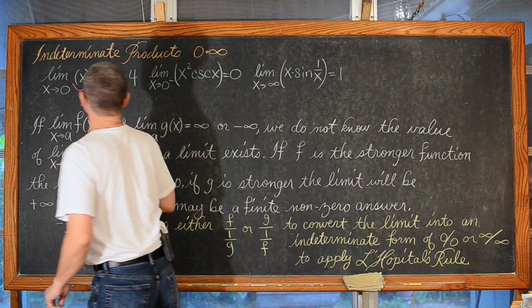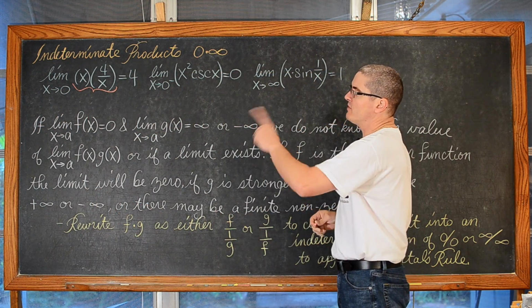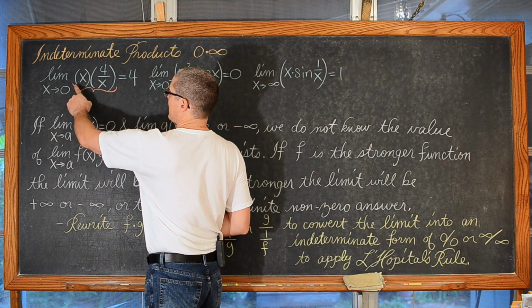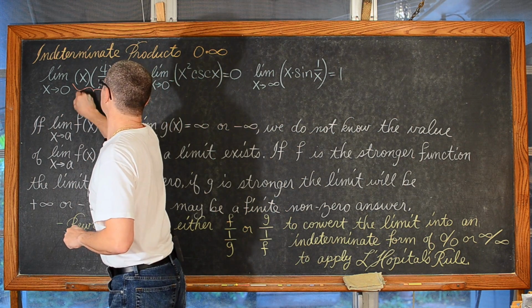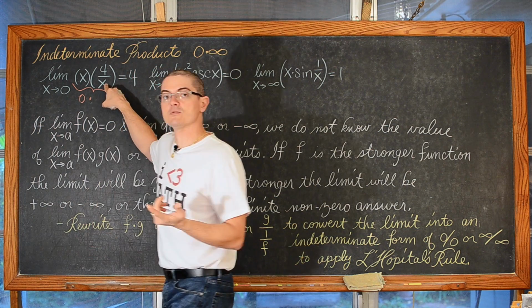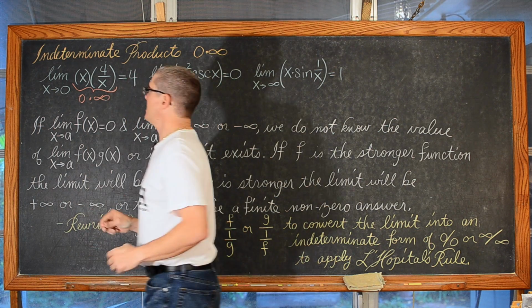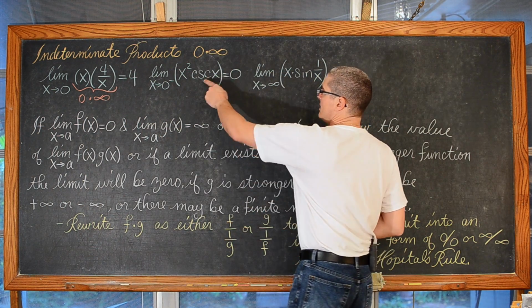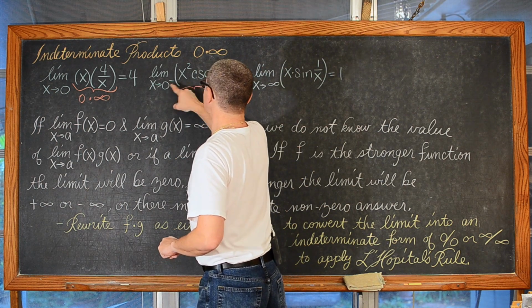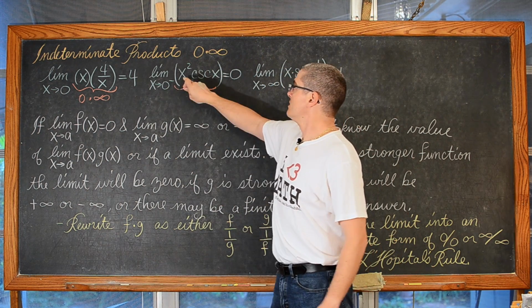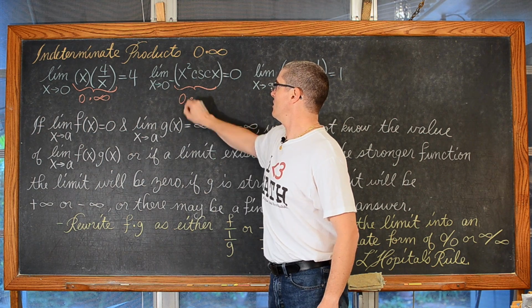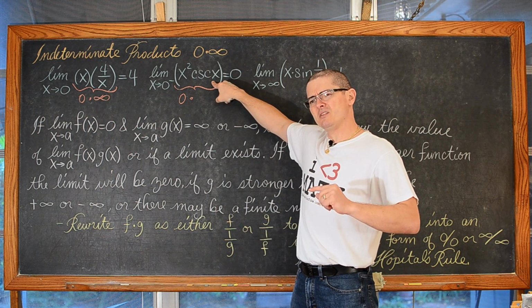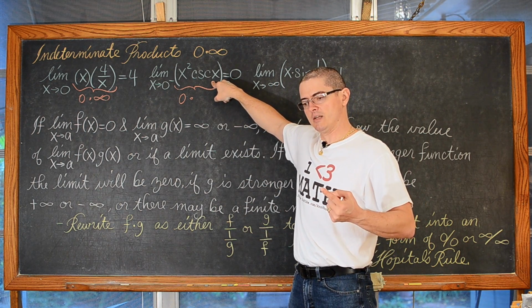But if you look at each of these forms, let's get some red here. If you let x approach 0, you're going to have 0 times, and then 4 over 0 is going to be infinity. And the limit as x approaches 0 from the left, well, 0 squared is going to be equal to 0. And the cosecant function is the reciprocal of sine.